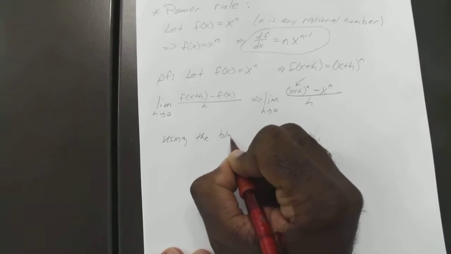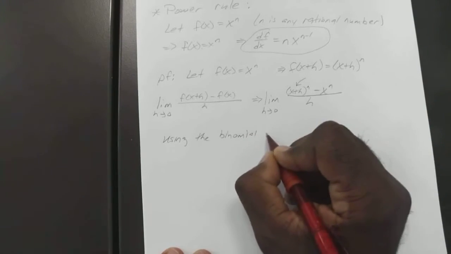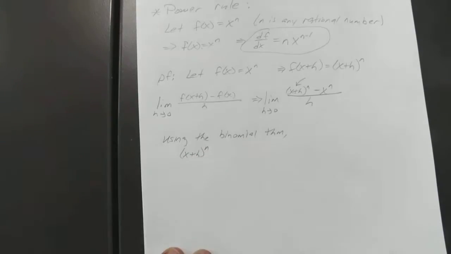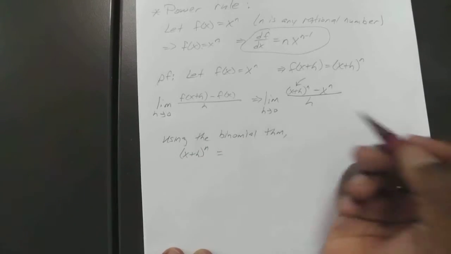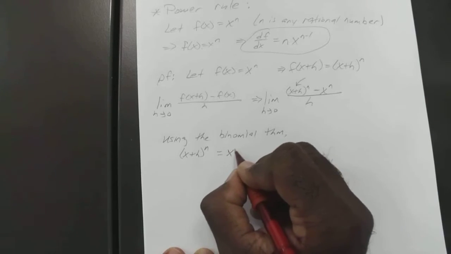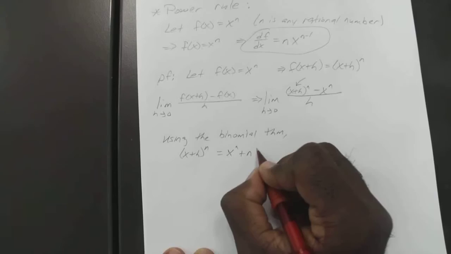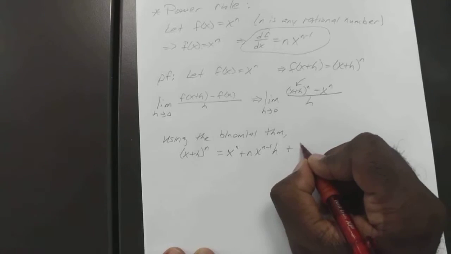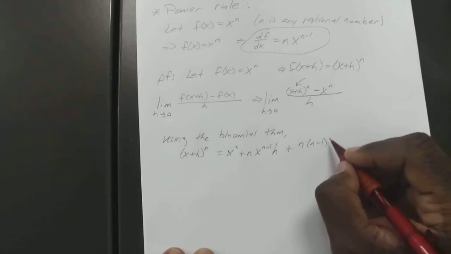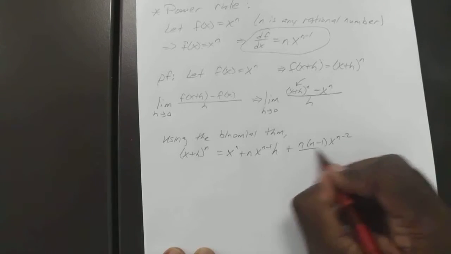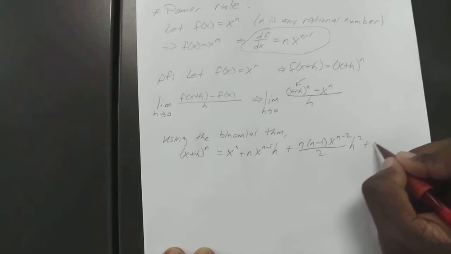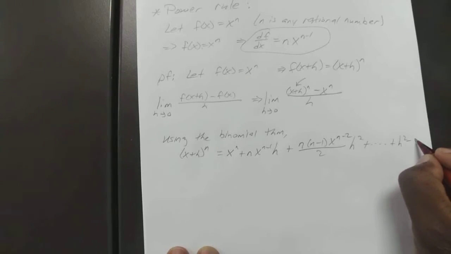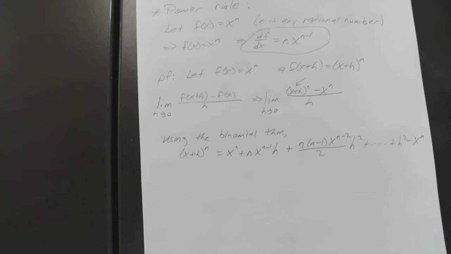So using the binomial theorem, where x plus h to the n, we know that's going to equal x to the n plus n x to the n minus 1 h plus n times n minus 1 x to the n minus 2 over 2 times h squared plus, and it keeps on going all the way till plus h to the n. Oh, skipped a step.